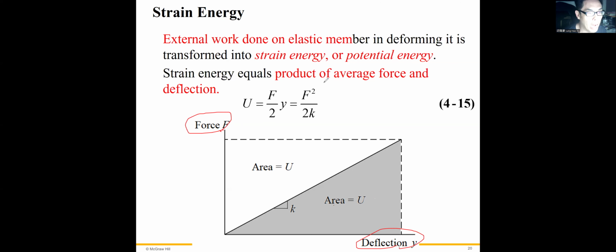And the product of the average force and the deflection U is the area under the force-deflection figure, right? So this area. We can write it in terms of half of F times Y, and we can convert it into the spring constant, so the strain energy equals F squared divided by 2K.